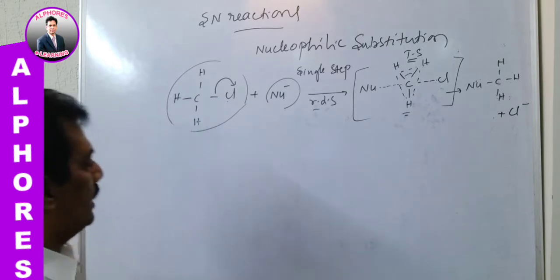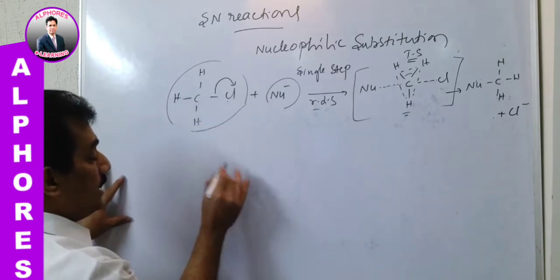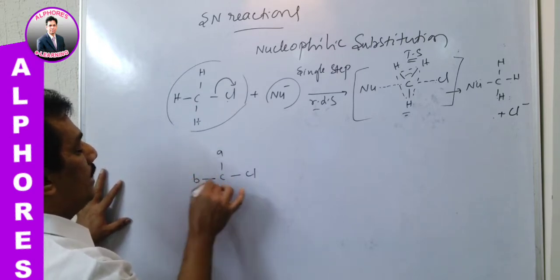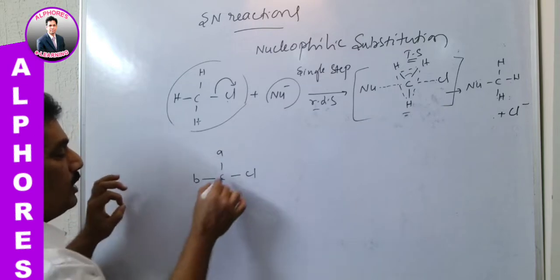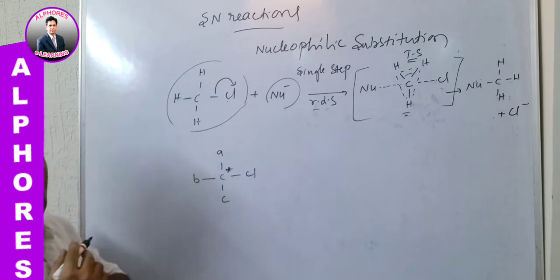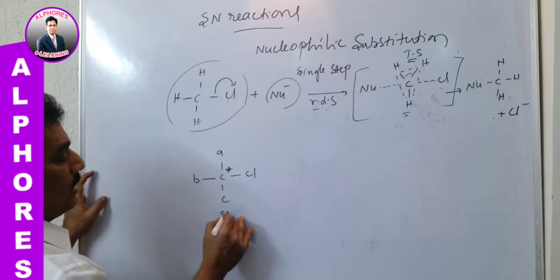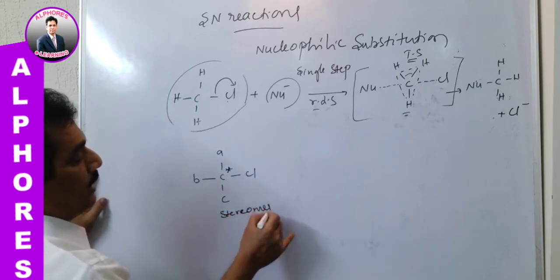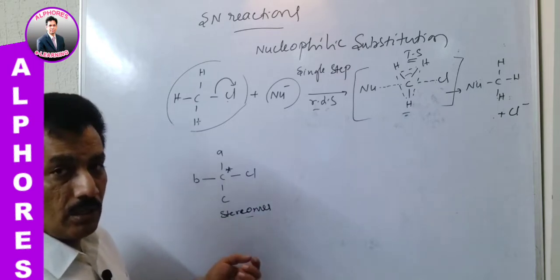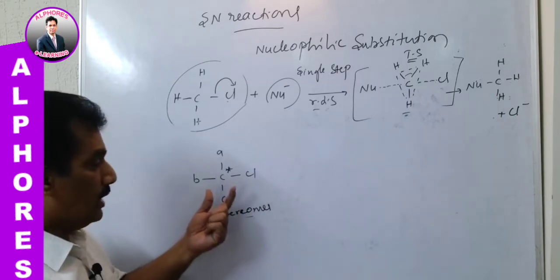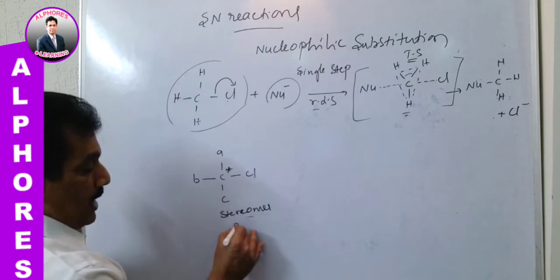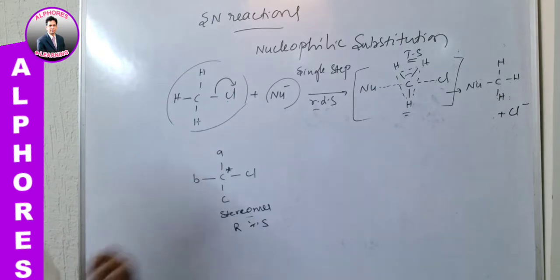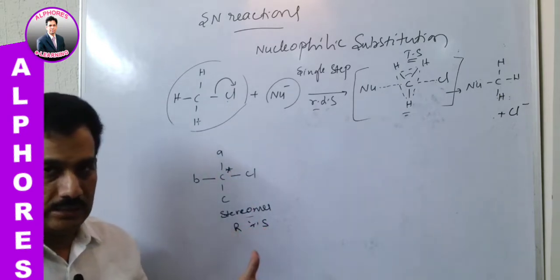Now observe, if the substrate is bonded with 4 different groups, you can observe a peculiar phenomenon: a chiral carbon. So automatically it shows stereoisomerism, either geometrical or optical. It is optical isomerism. This optical isomer may have R or S configuration.